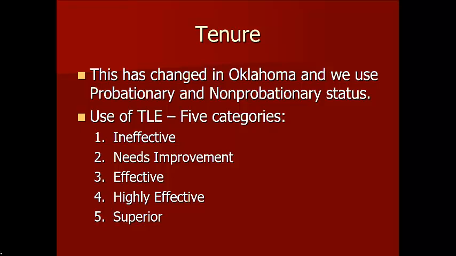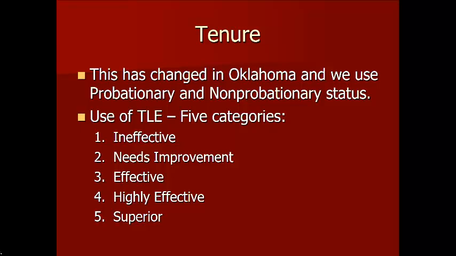But just in case you're not aware, which I'm assuming everybody is, within the TLE, you're graded on various indicators using 5 categories: ineffective, needs improvement, effective, highly effective, and superior.